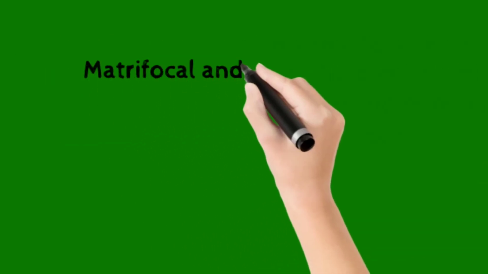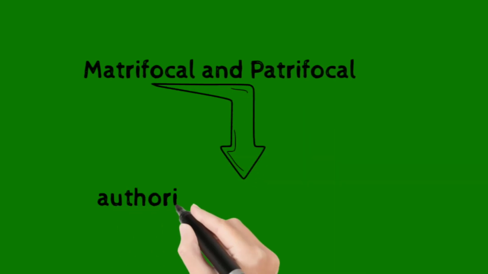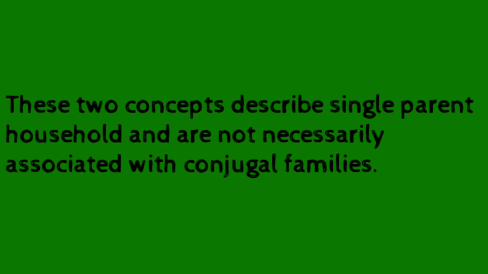Now, you have two more concepts that are usually taught in social studies under this same heading, authority and dominance. But technically speaking, these concepts, matrifocal and patrifocal, are not really conjugal related concepts, because they are referring to single parent families.